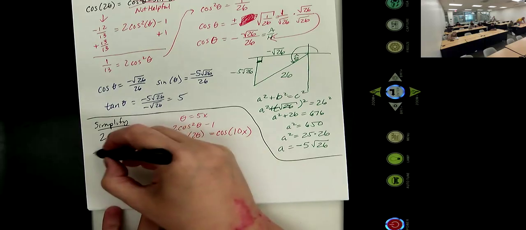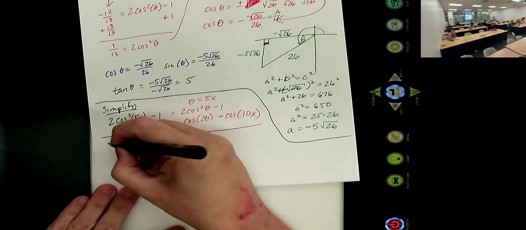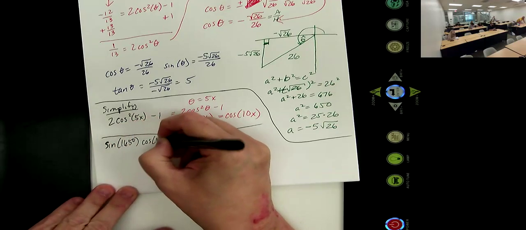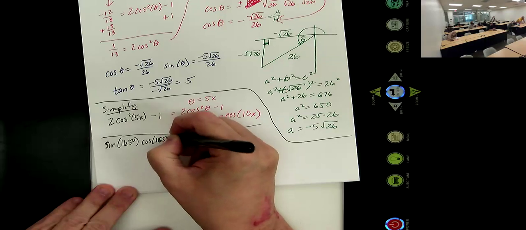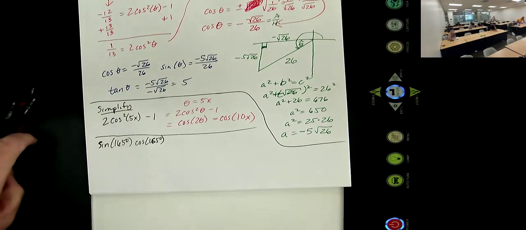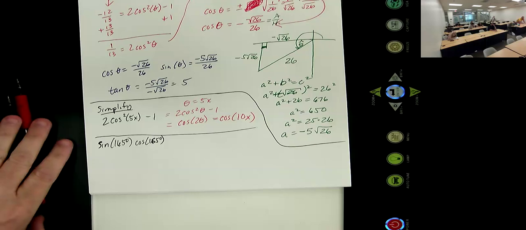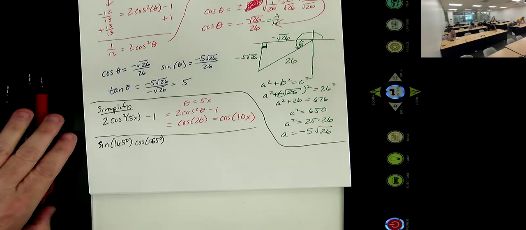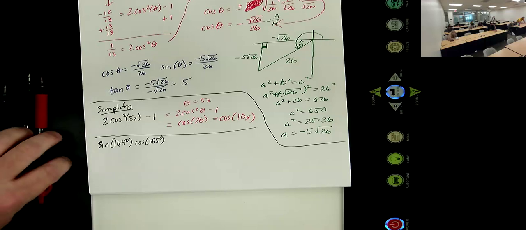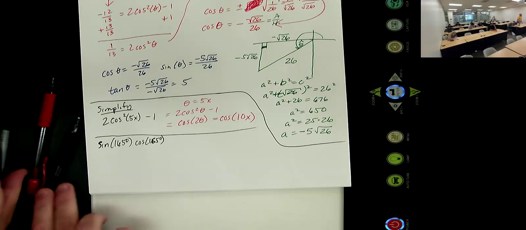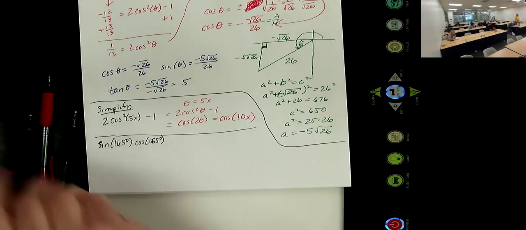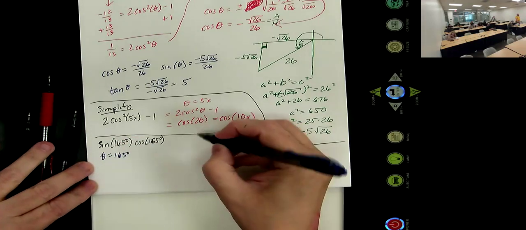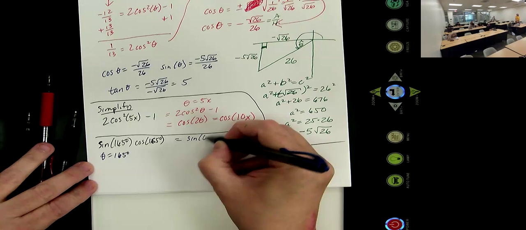Okay. What about sine of 165 degrees times cosine of 165 degrees? Well, here, if I go with theta equals 165 degrees, this looks like sine theta cosine theta.